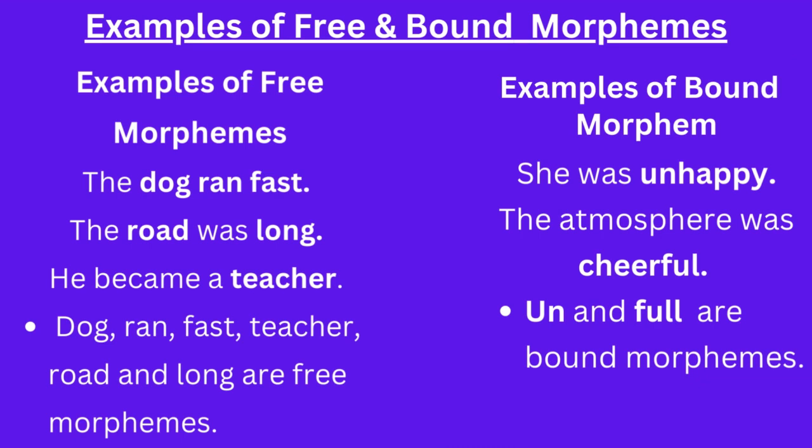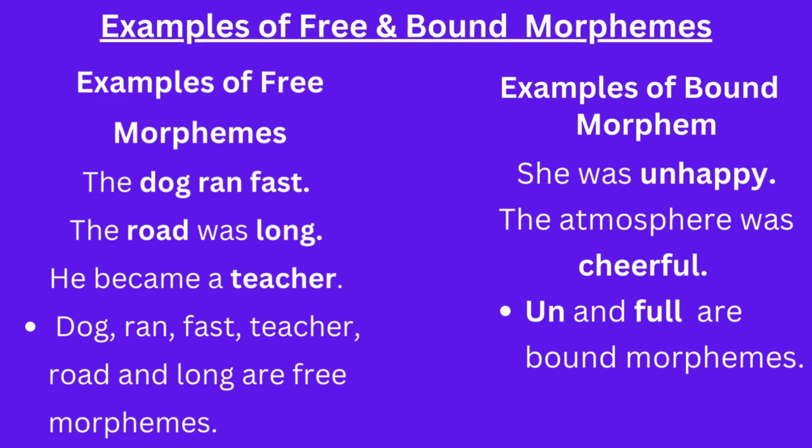Again, the atmosphere was cheerful. Here cheerful is formed by attaching the bound morpheme, that is ful, to the free morpheme cheer. So free morphemes stand alone and they are not required to attach to any morpheme for providing meaning. In contrast, bound morphemes cannot stand alone. They only provide meaning when attaching to a free morpheme, as you can see in these examples.